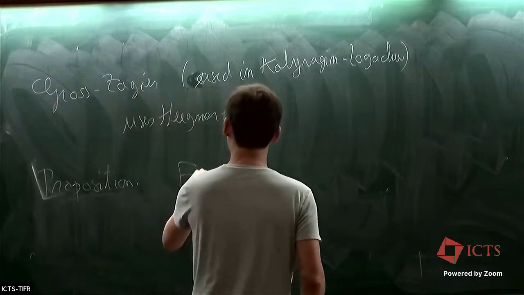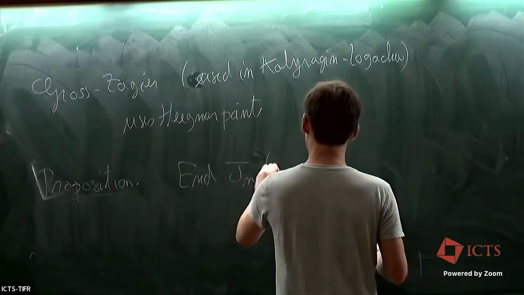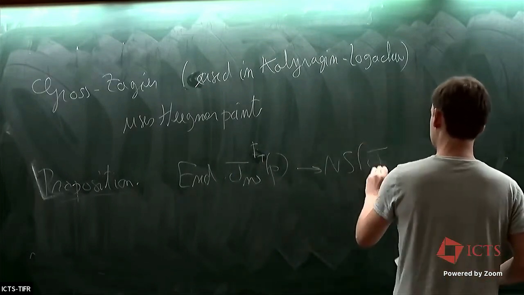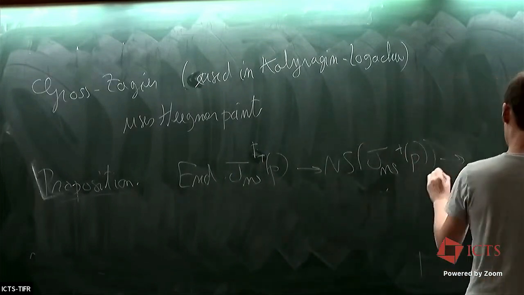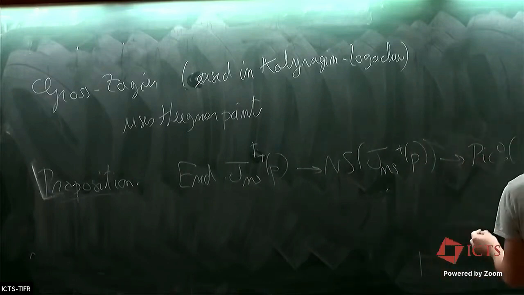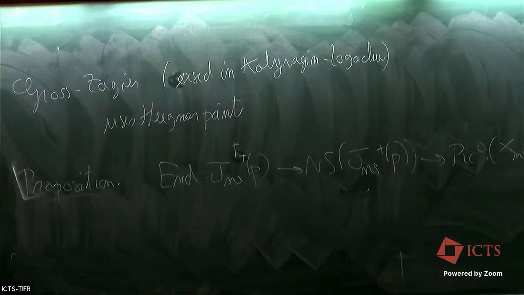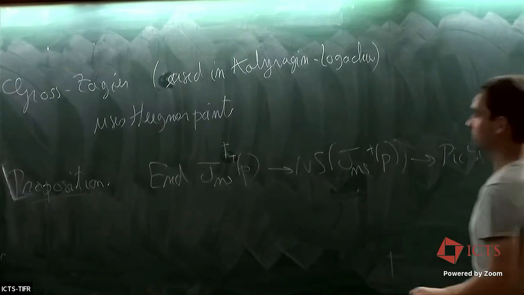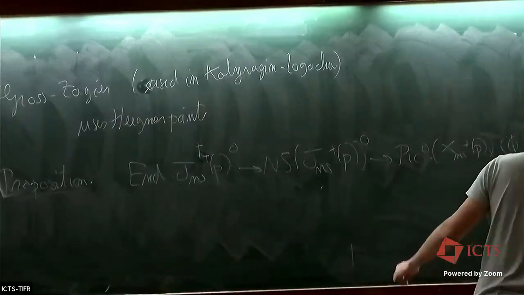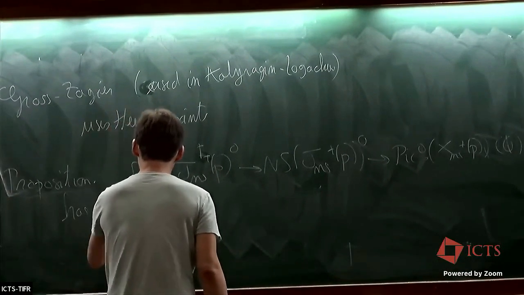When I go from the endomorphism from J_{ns}^+ (sp) dagger to the Severi group of X_{sp}^+(Q), so let's say 0, 0 here, when I go from there to there by the process I described before, the image is generated by Heegner points.